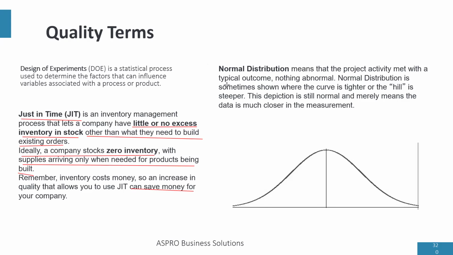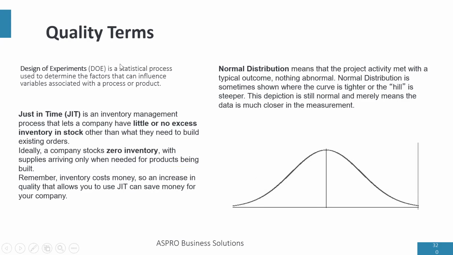Now we're going to talk about the normal distribution and what it means in our project, the normal distribution curve. This is a distribution curve that shows what we expect from statistics taken from a population.